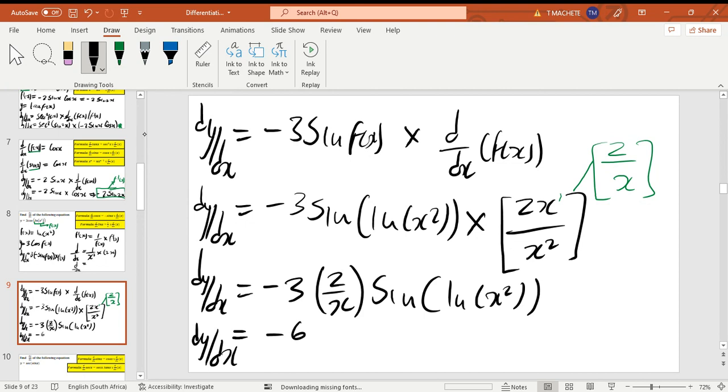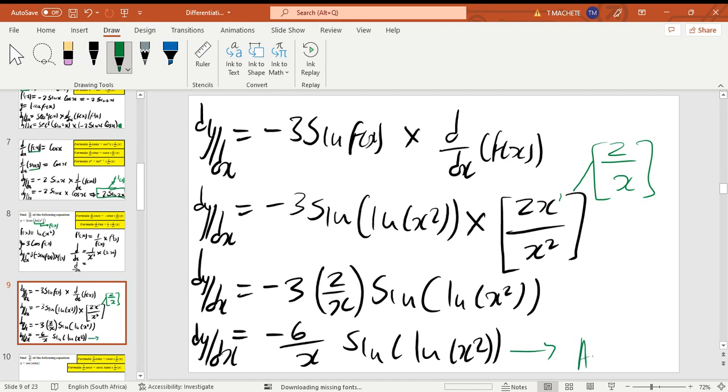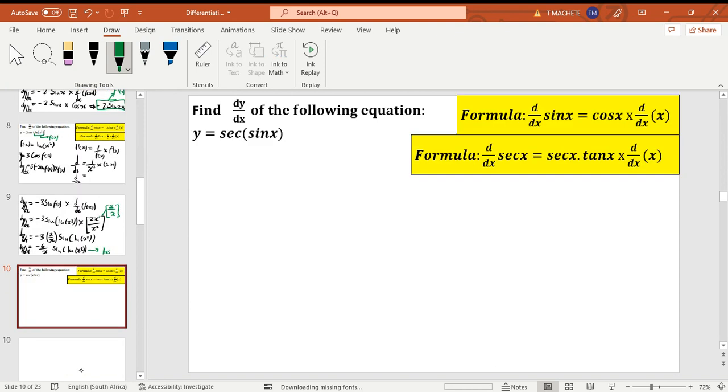So you're gonna get minus 6 over x sine ln x squared. Then this will be your final answer. This is your answer. That's your answer. Okay, let's see if you have more examples.